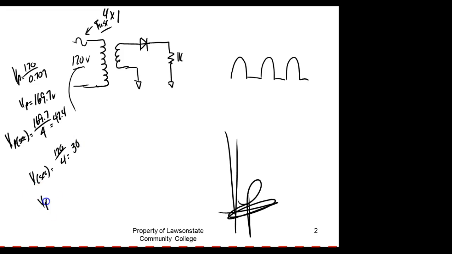And then I could say the peak secondary would be equal to 30 divided by 0.707. And we should come up and get the same thing. 42.4. So you can do it either way you want to. It's just that you got to end up with 42.4. Right? Go ahead, Court.